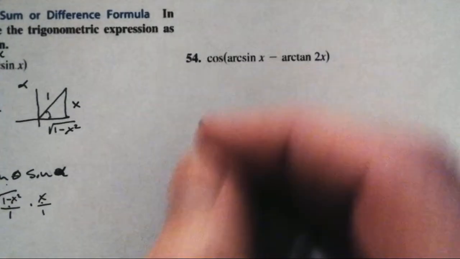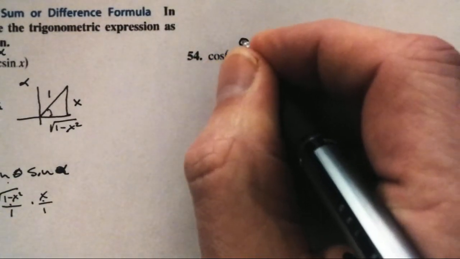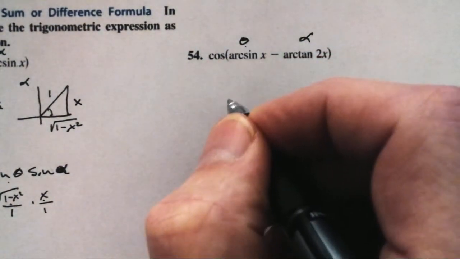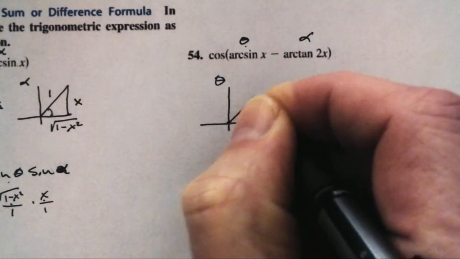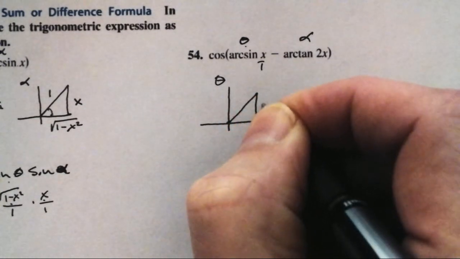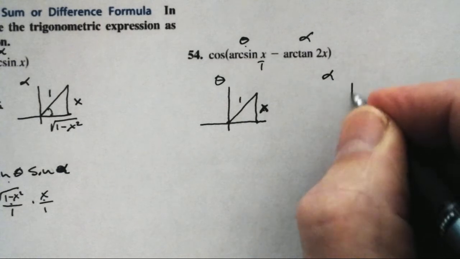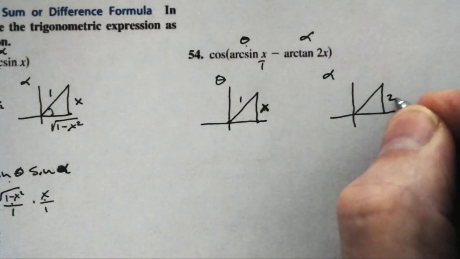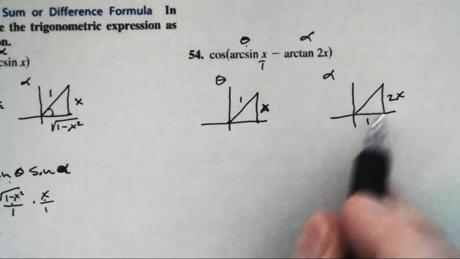So we're going to treat this one like, let's go, here's a new theta and a new phi. I'm going to draw those. This one's similar to what we just had. Here's angle theta, creates a sine ratio of x on 1, and phi creates a tangent ratio of 2x on 1, tangent y on x, opposite adjacent.